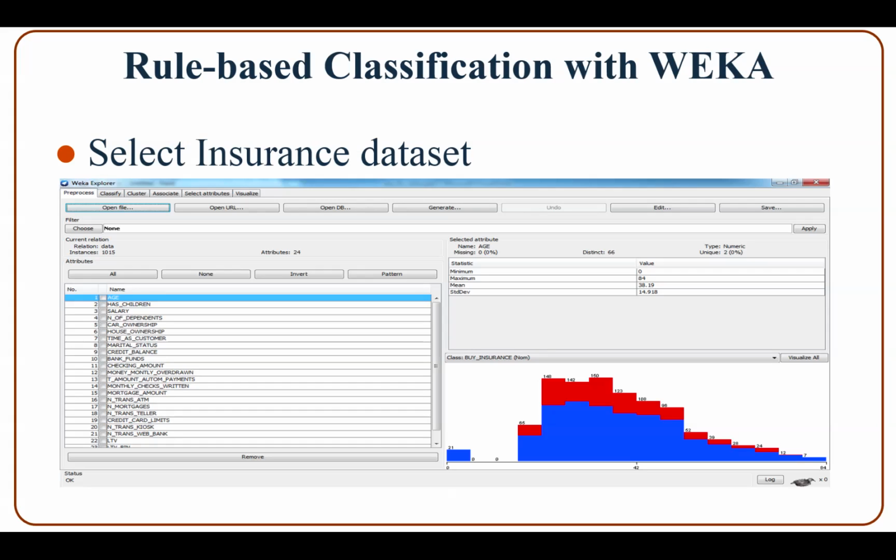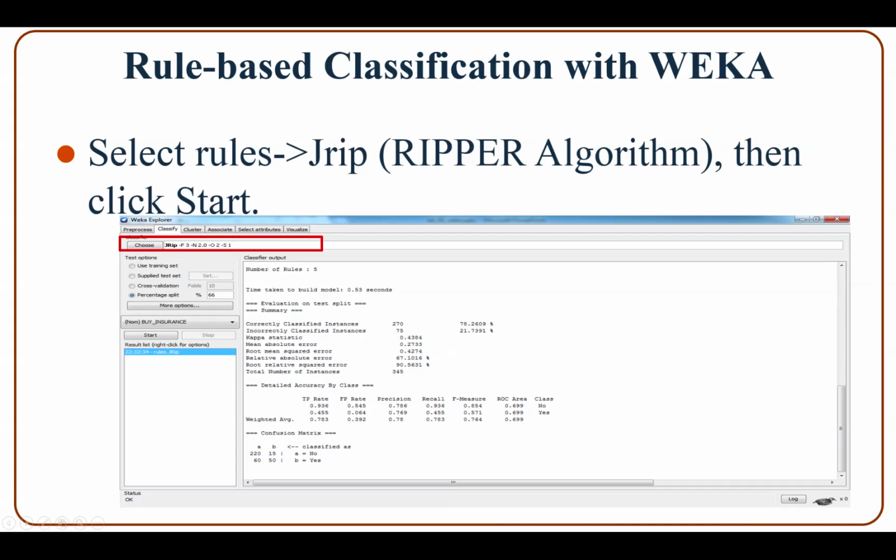Next, I will use another algorithm, which is a rule-based classification algorithm, with the same insurance dataset. And here you choose JRip. JRip is the one that implements the RIPPER algorithm. And then also set the test options and click Start to run the algorithm.